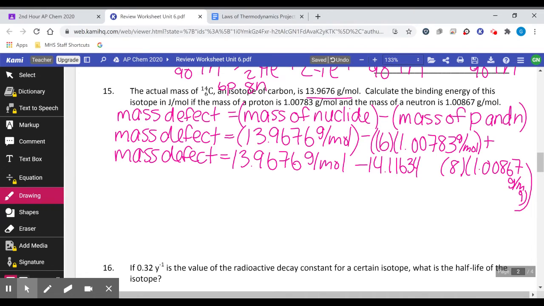Then I get an overall defect of negative 0.14874. My unit there should be grams per mole. Is it okay to leave it like that? No, change it to kilograms.